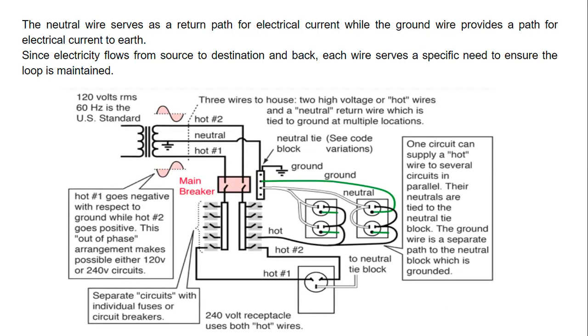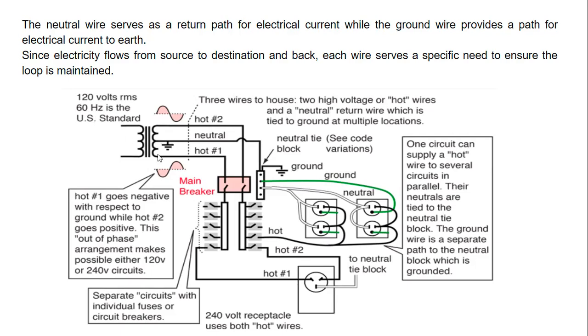Here is overall a general pictorial representation of home circuitry. If you start from the left top corner, you could see that it is 120 volts root mean square value of the voltage with 60 hertz of line frequency, and this is specifically indicating the US standards.